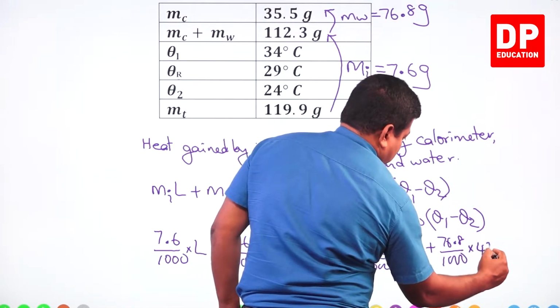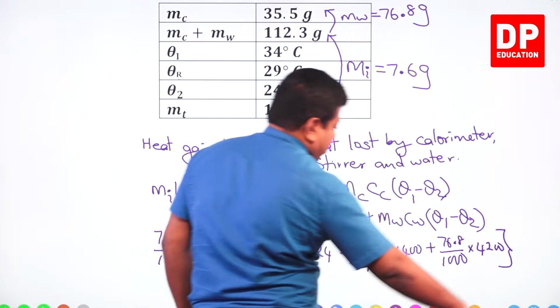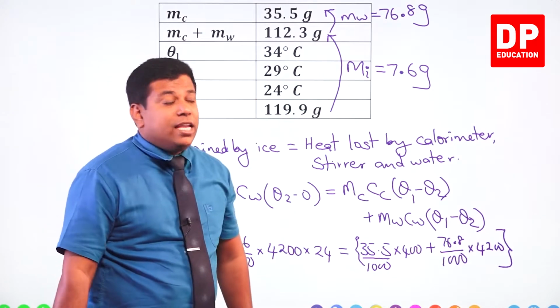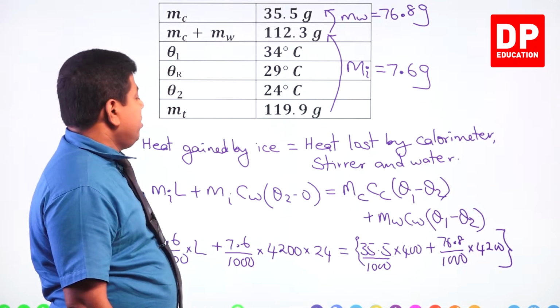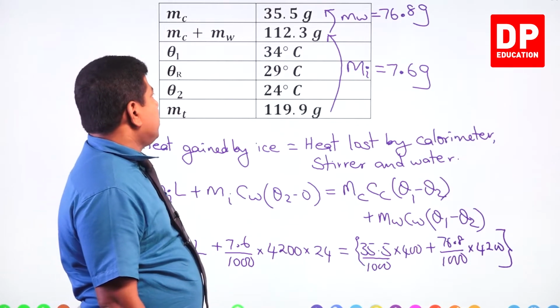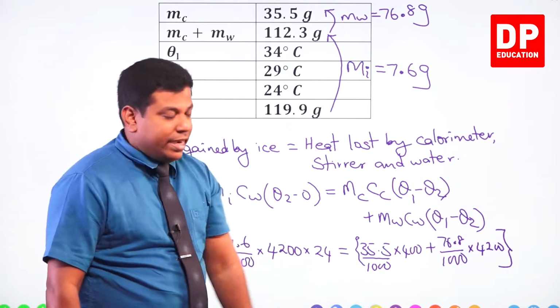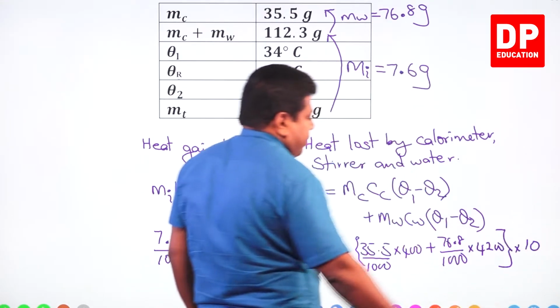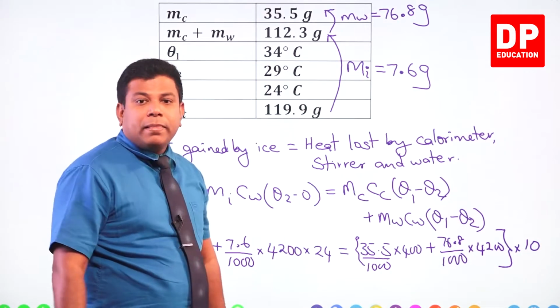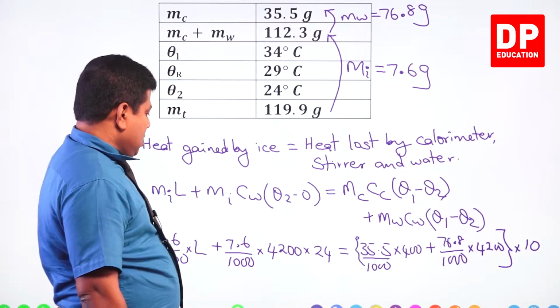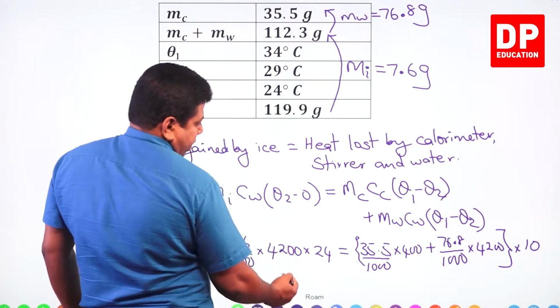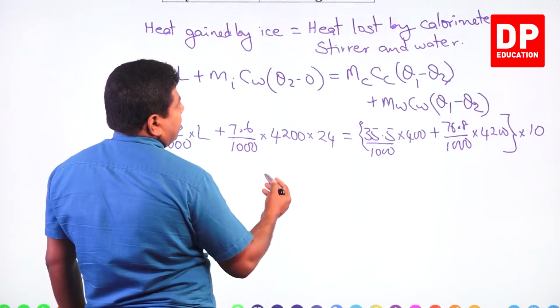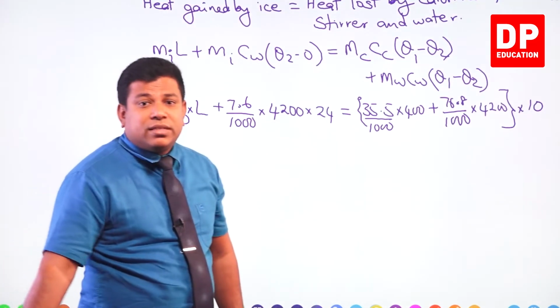Into 4200. For both these, the temperature change is from theta 1 to theta 2, 34 to 24, 10 degrees, into 10. Carefully you have to solve this.